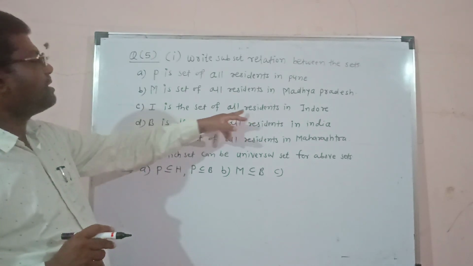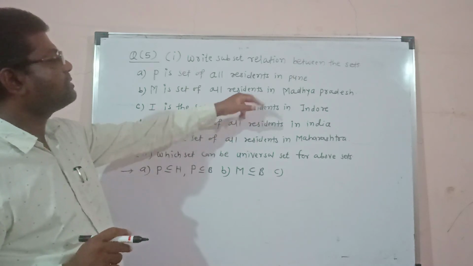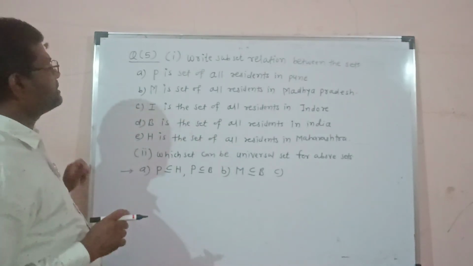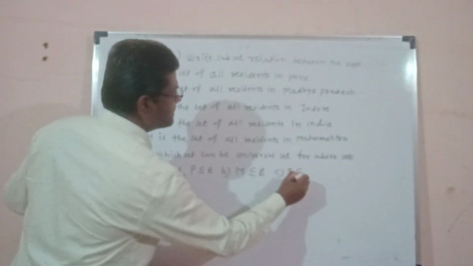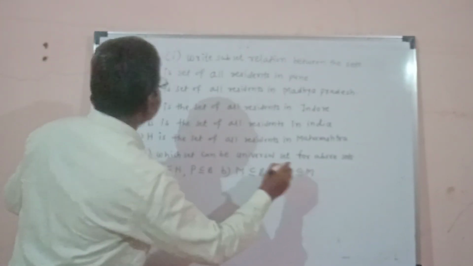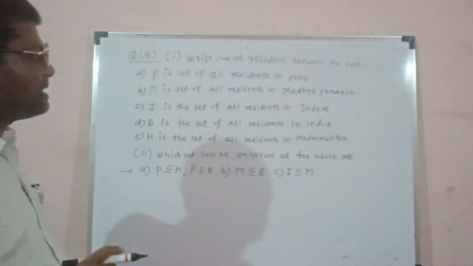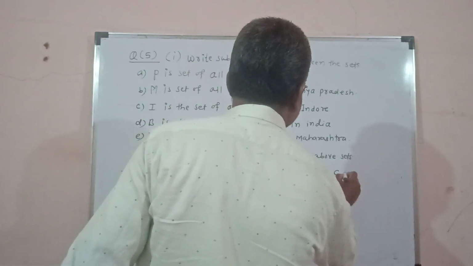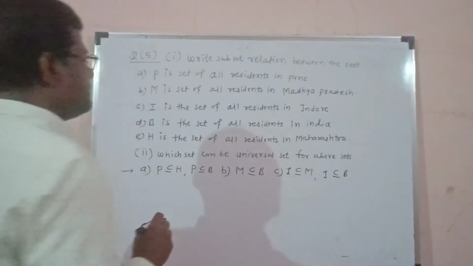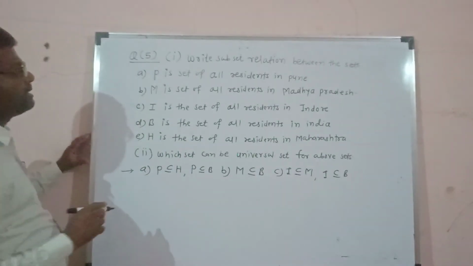Residents of Indore are also residents of Madhya Pradesh. Therefore, I is a subset of M. Also, residents of Indore are residents of India. Therefore, I is a subset of B also.